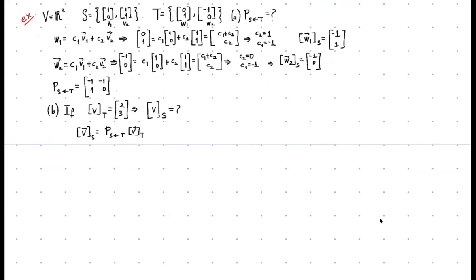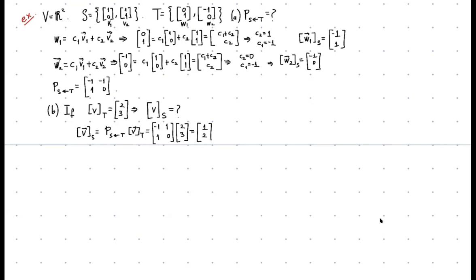Okay, so this will be -1 and 1, 1 and 0, and then 2 times 3. Okay, that's it. So this will give us what is this? -2 plus 3, which is 1, and plus 2.